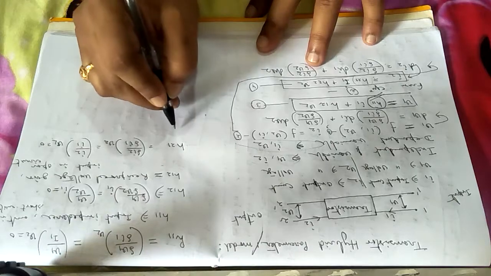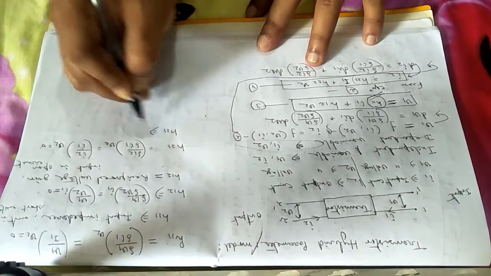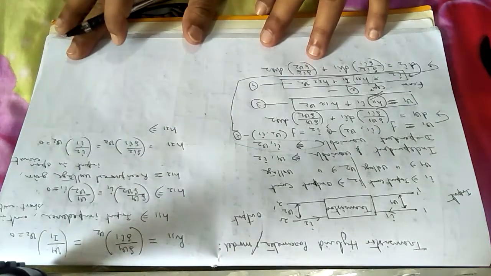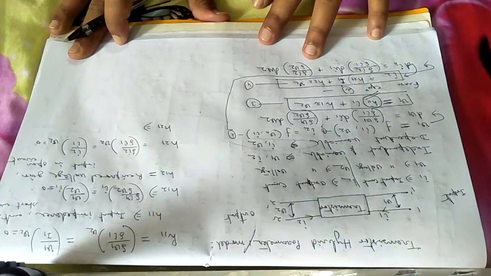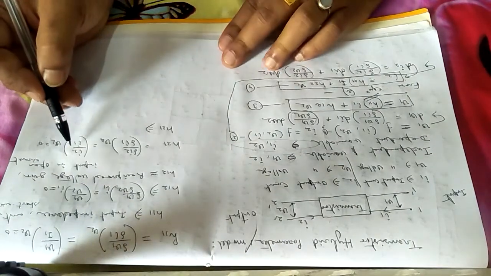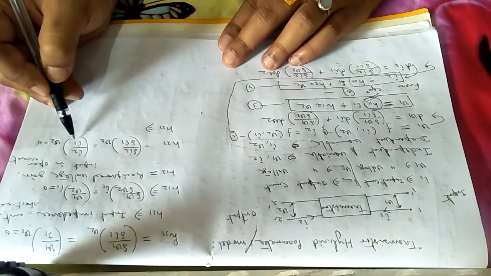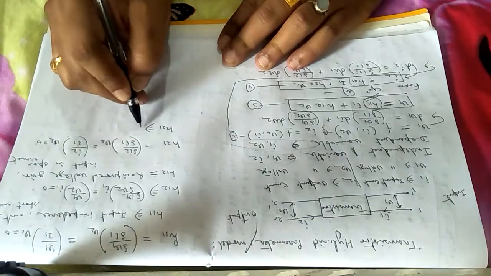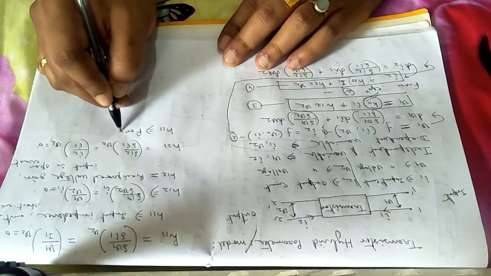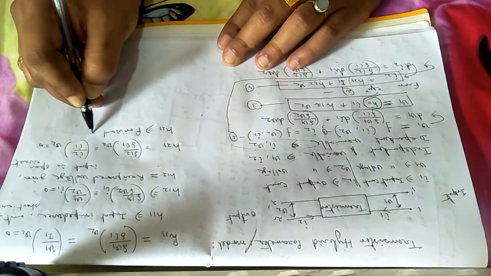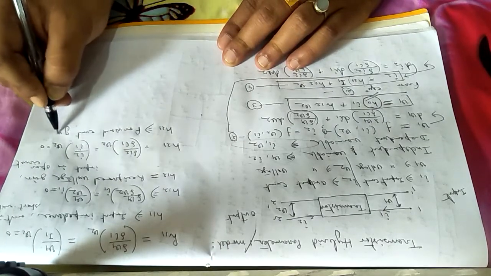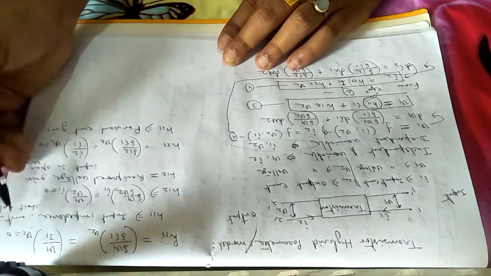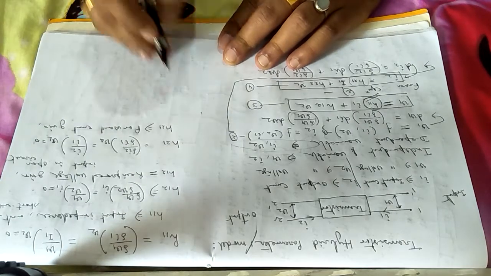That we have understood. So H21 can be expressed as I2 by I1. Now it is not the reciprocal, it is a forward thing. That is the ratio between the output current and input current, which will give you the forward current gain. So I will write it as forward current gain when the output is short circuit.